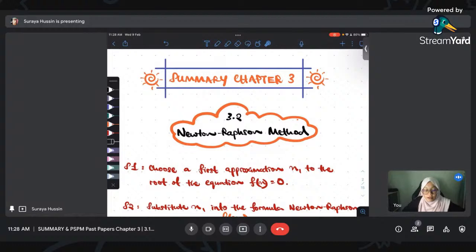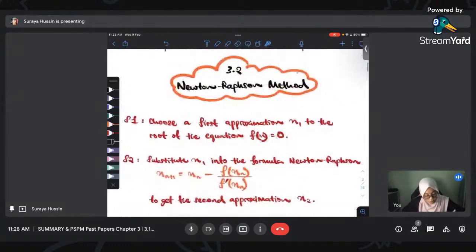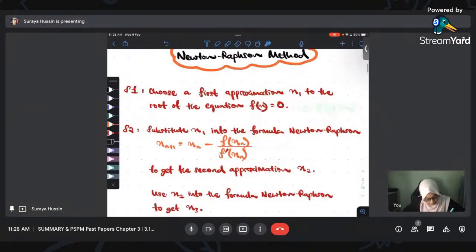Okay, now Newton-Raphson method. First of all, choose what? Choose a first approximation x1 to the root of the equation. Kamu kena faham ya, kalau dia sebut equation mesti ada equal sign. And then substitute the x1 into the formula to get the second approximation x2. Tak apa, baca je dulu, and then kita akan go through dengan soalan lagi senang.